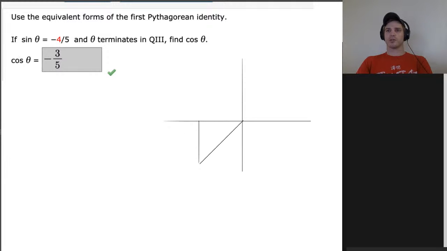So we know that y equals -4, r equals 5, and so we can use the Pythagorean theorem to find this other side, which we know is negative, but we also know this is a 3, 4, 5 triangle, so it shortcuts it. We want to find the cosine, which is the x over the r. So cosine of theta equals -3 over 5.